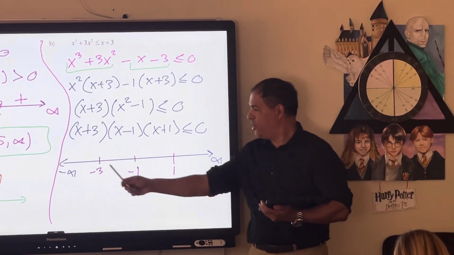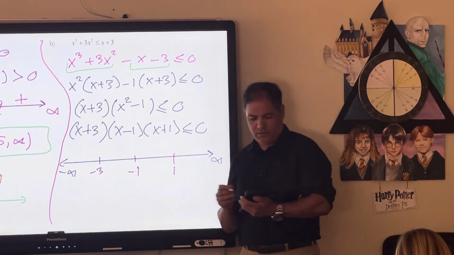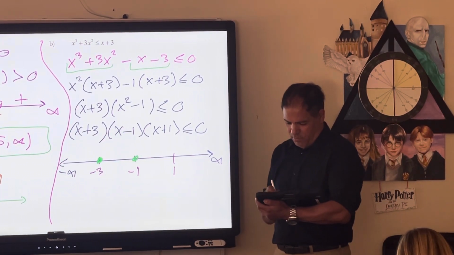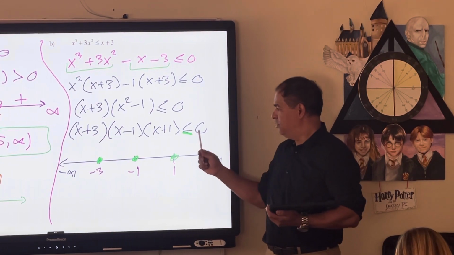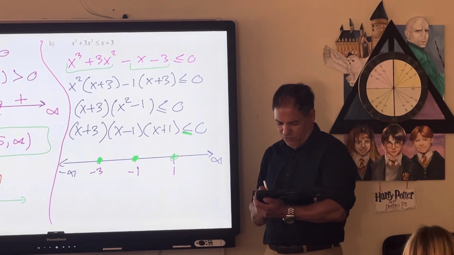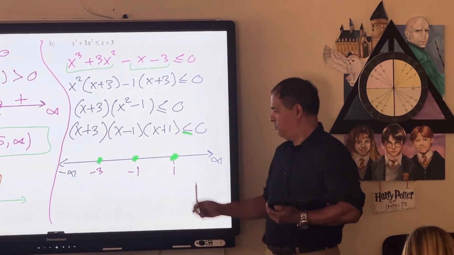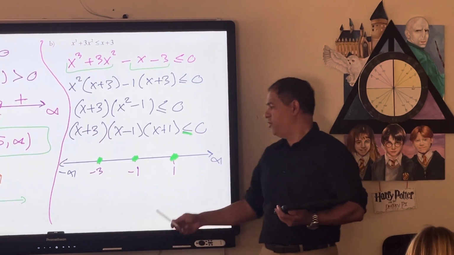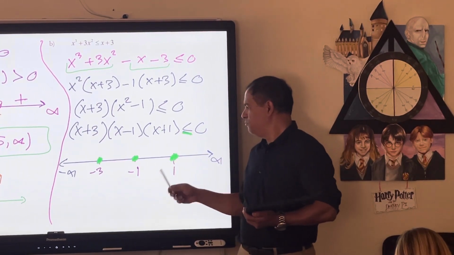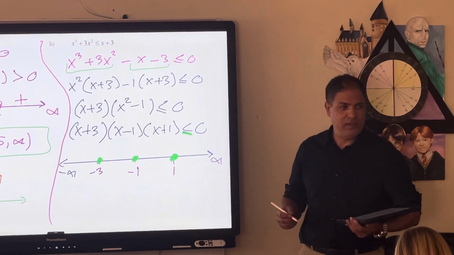All right, so do we include the zeros or not? We include, because there's an equal sign. The equal sign signifies that we must include these values. Those values will be part of the answer.